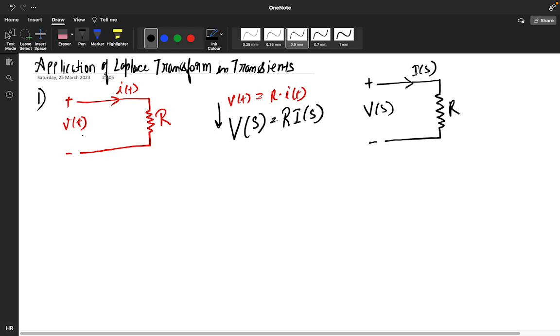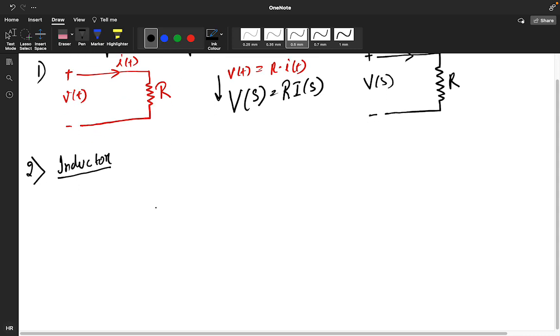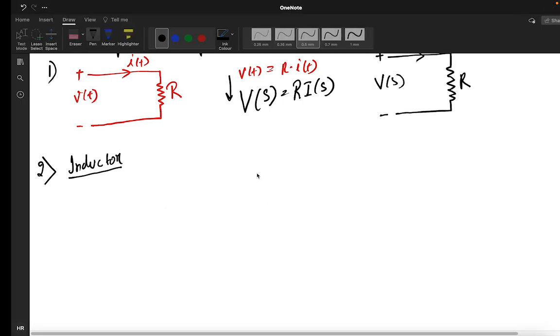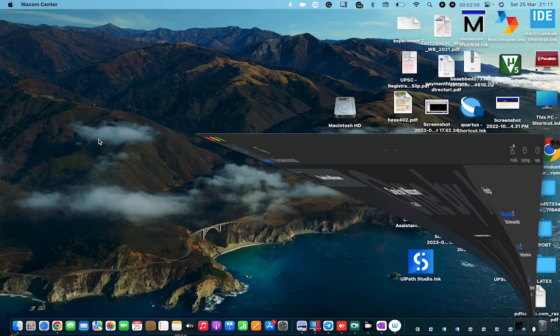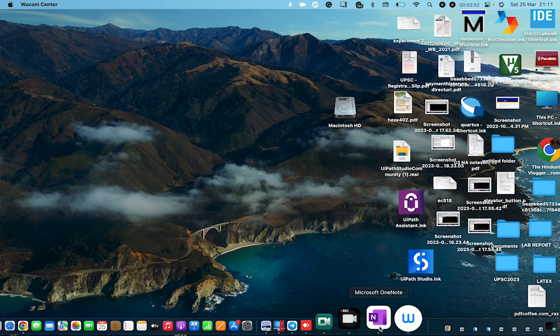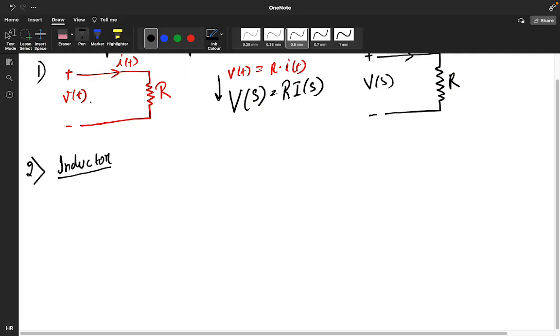Okay, so if you do it for an inductor, so this was for the resistor.